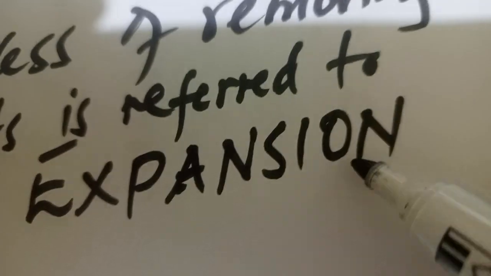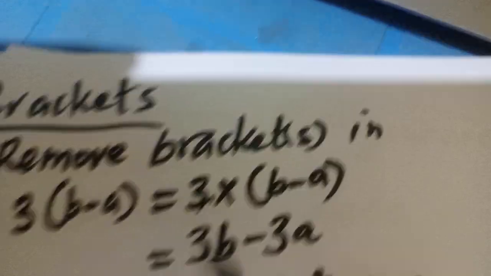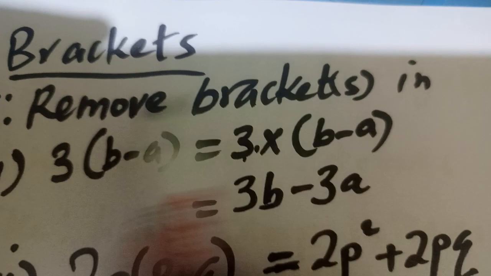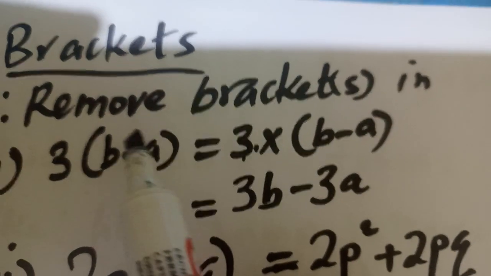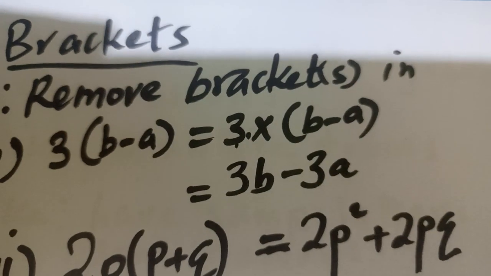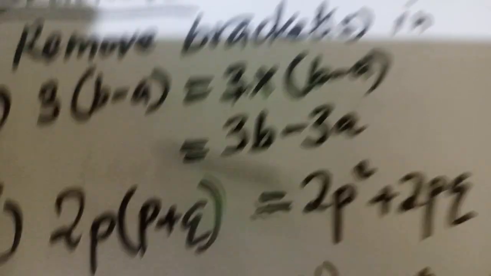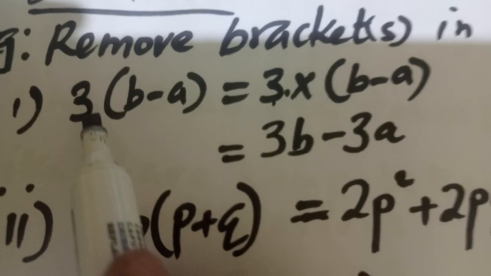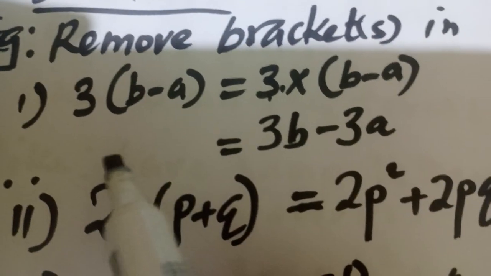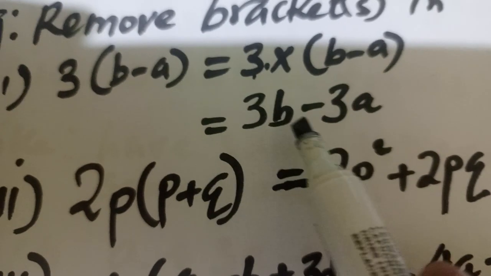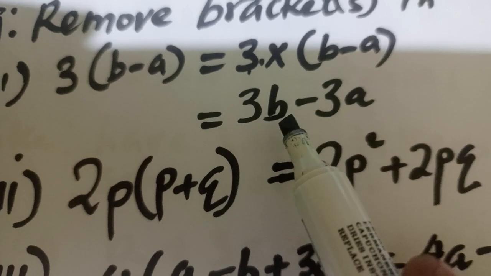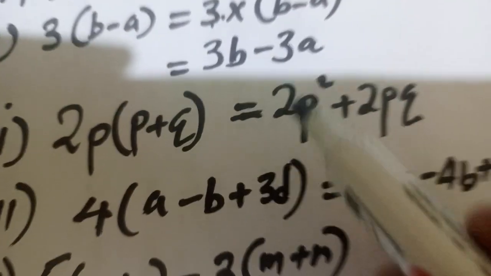So this is the one word that can be used to replace these two words, remove bracket. So if you are asked to expand an algebraic expression or any other arithmetic expression, you are simply being asked to remove the bracket. So in this case, if you are asked to expand 3 into b minus a, you are actually being asked to rewrite it as 3b minus 3a.